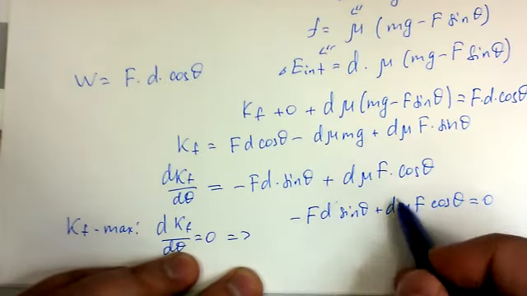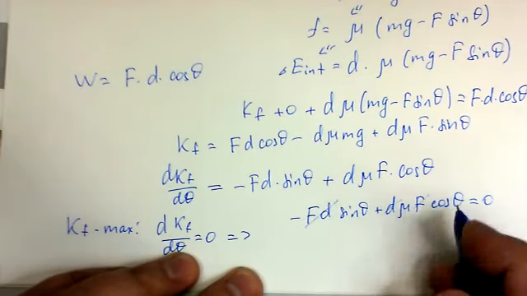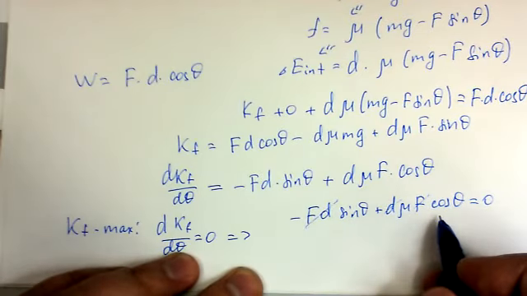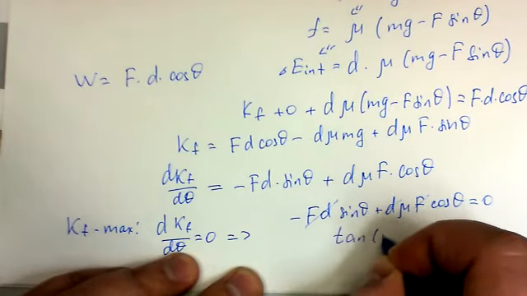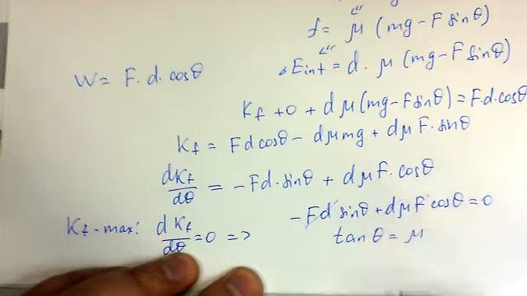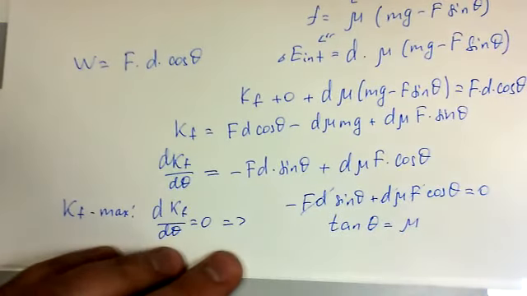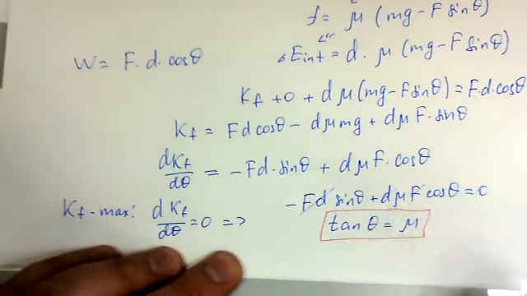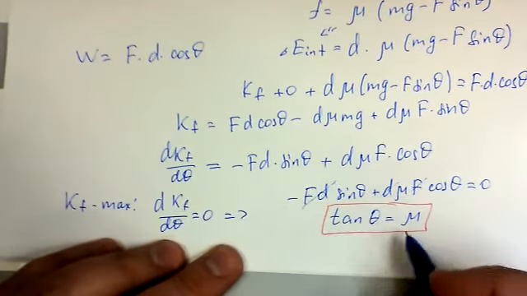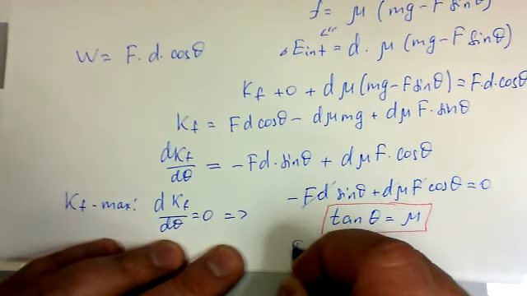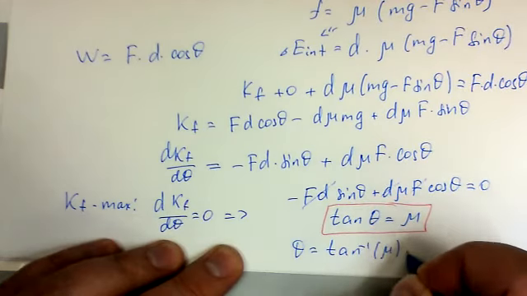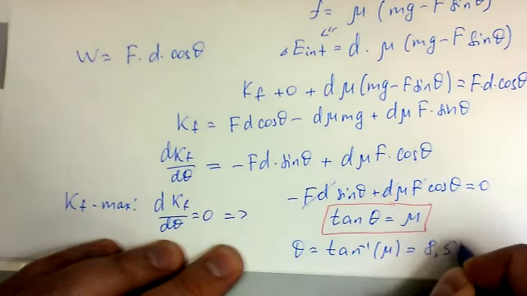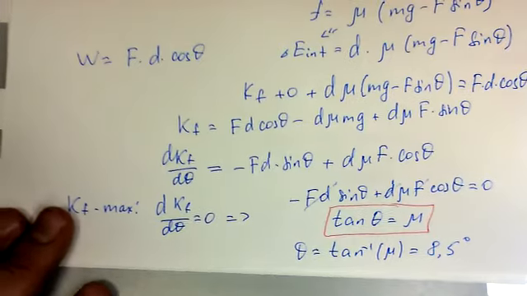So we can cancel f d here and here, and from that we find that tangent theta equals mu. So this is the general solution for the problem. And in our particular case, with the given mu, theta equals the inverse tangent of mu, and it is equal to 8.5 degrees. So that's the final answer.